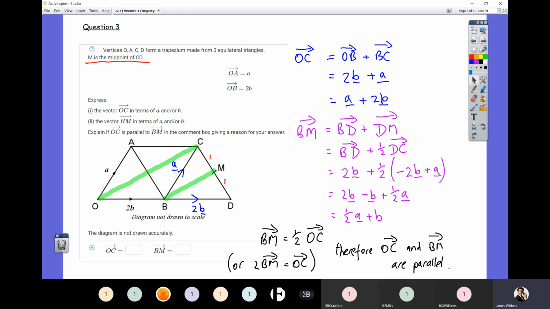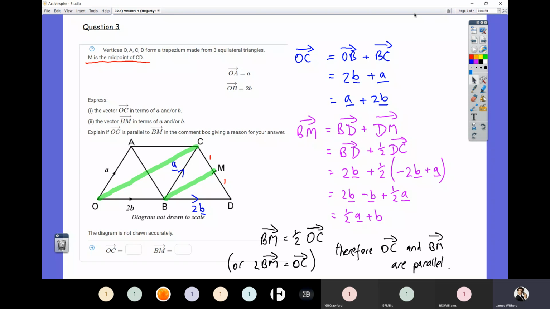Or alternatively, you could say it the other way around: 2 lots of BM equals OC. It doesn't matter which one you choose, one is twice the other. And because it's a multiple of the same vector, you can conclude that OC and BM are parallel.